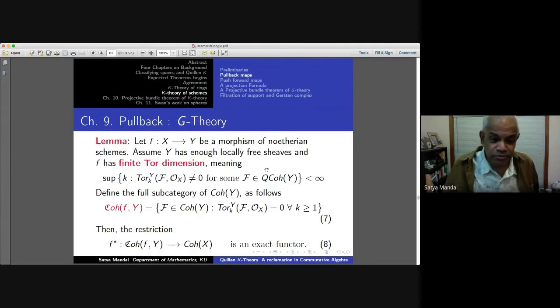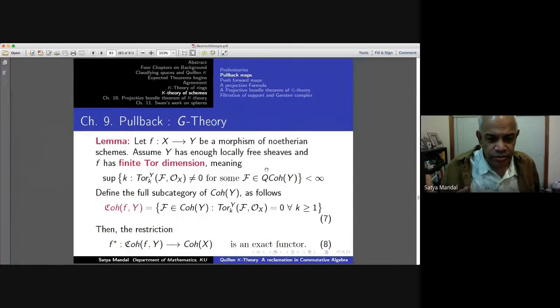We would like to have something a little bit better than just assuming flat. More or less, most often nothing works for the category of locally free sheaves, while everything works for the category of coherent sheaves. So for projective modules, almost nothing works, and this theory doesn't work.